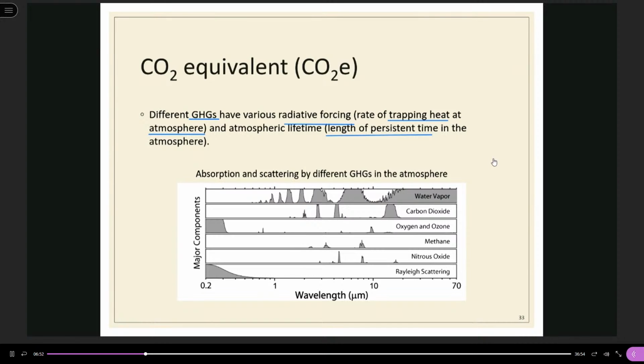Visible sunlight will be around here, and then we have these longer wavelengths, so the infrared and others. Different kinds of greenhouse gases will have different radiative forcing for different wavelengths.